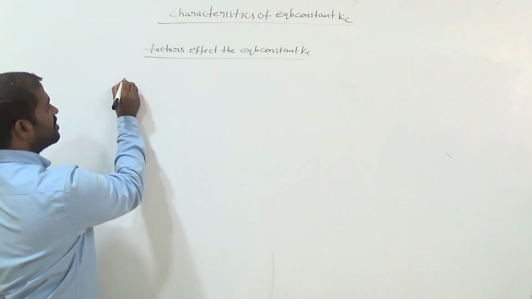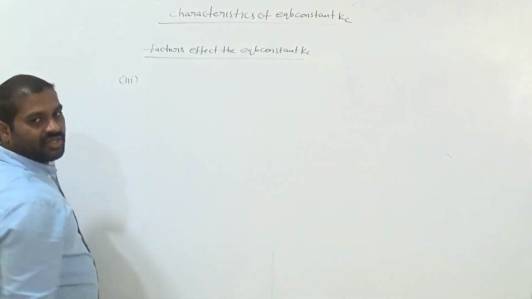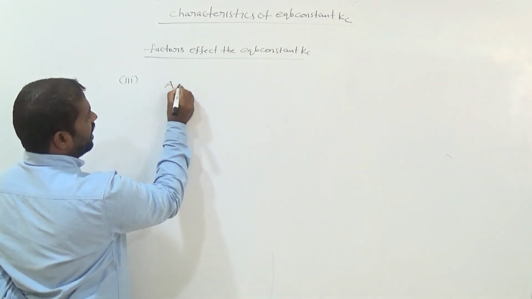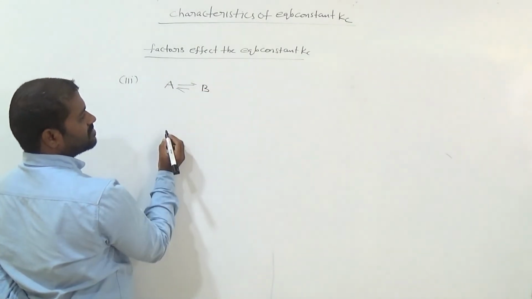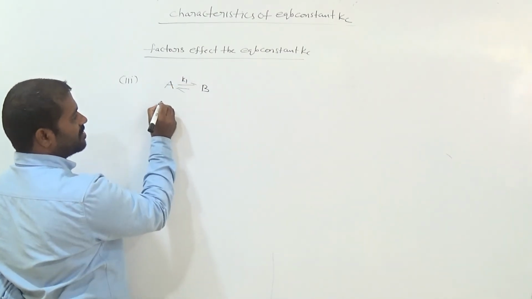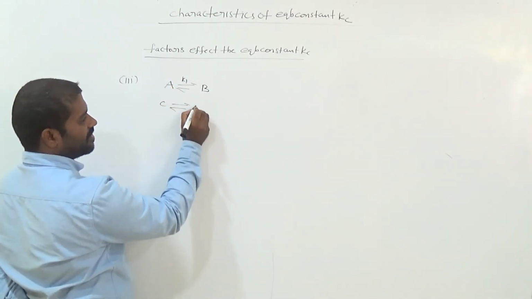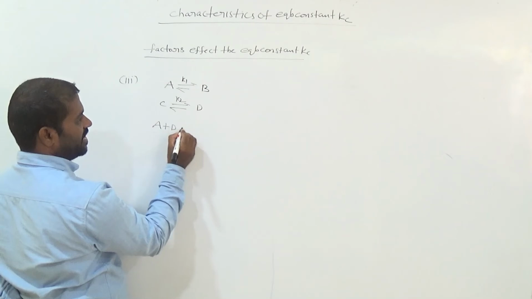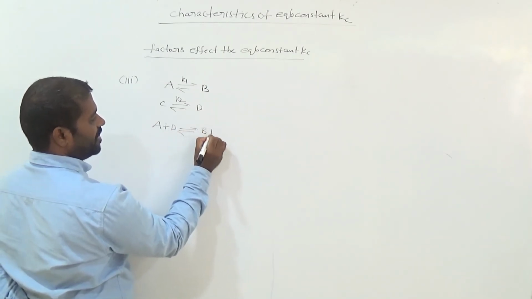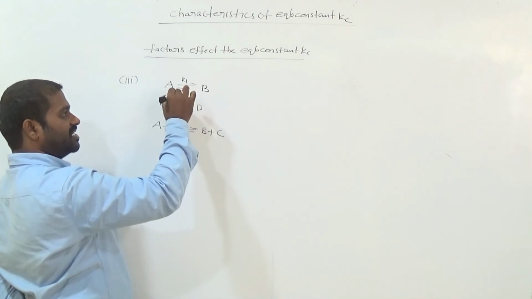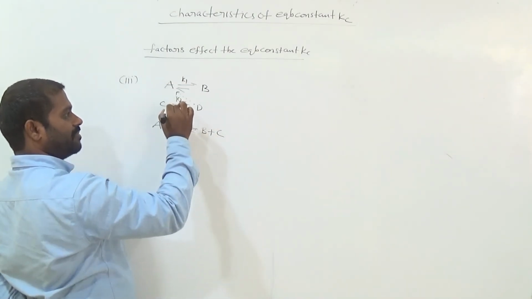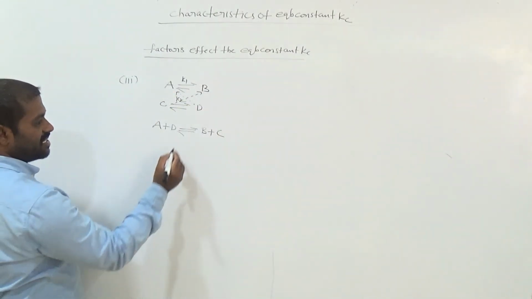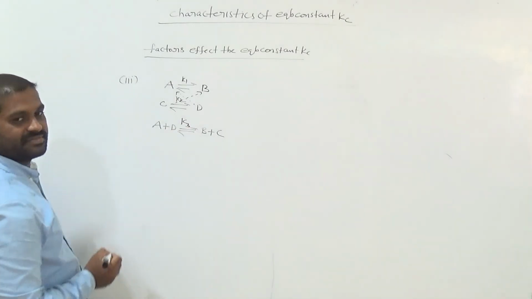And the third case, A reversible B, this is K1, C reversible D, it is K2, and A plus D is reversible to B plus C, added in the opposite direction, A plus D, B plus C. Now the equilibrium constant is taken as K3.